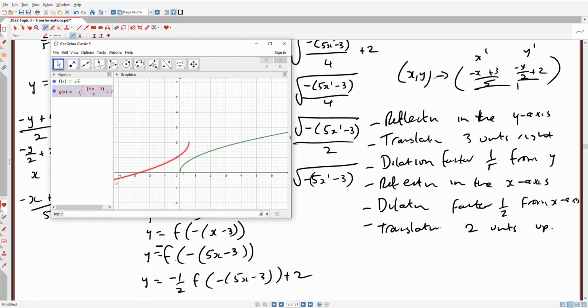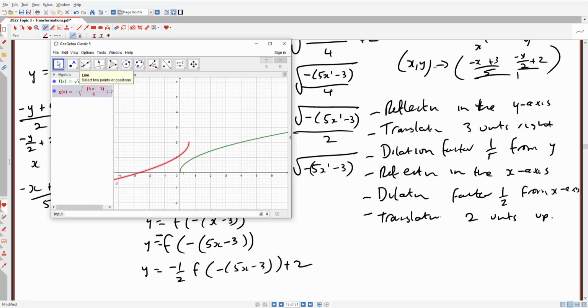Alright, so now what I'm going to do is just type this thing here to f(x) and just see what happens. So I'm going to say that h(x), a new function, is made by doing negative 1/2 times f of, open my brackets, negative, open my brackets, 5x take 3, close, close, plus 2, bang, got it.